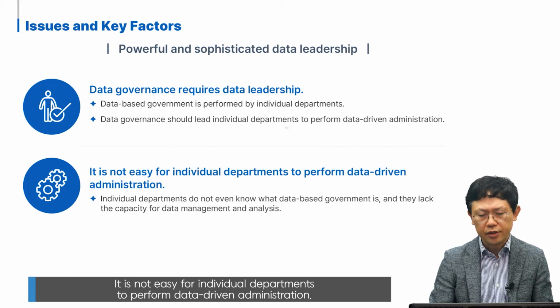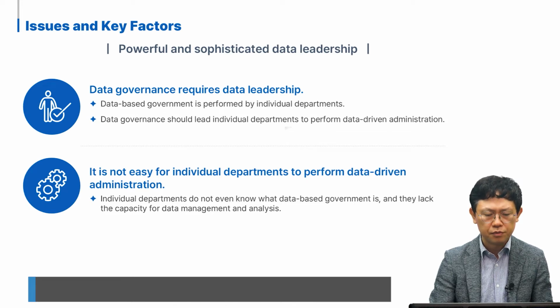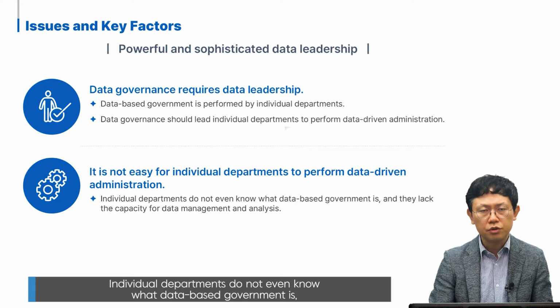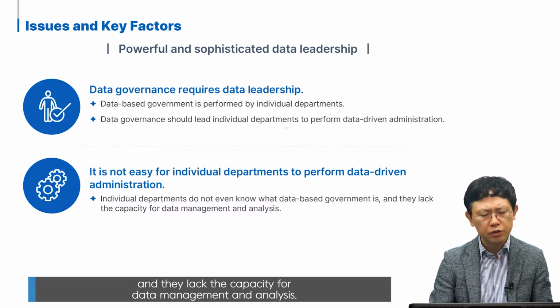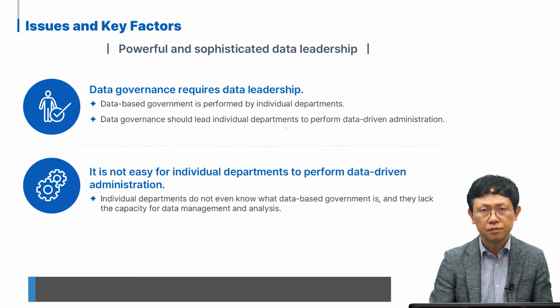It is not easy for individual departments to perform data-driven administration. Individual departments do not even know what data-based government is, and they lack the capacity for data management and analysis.